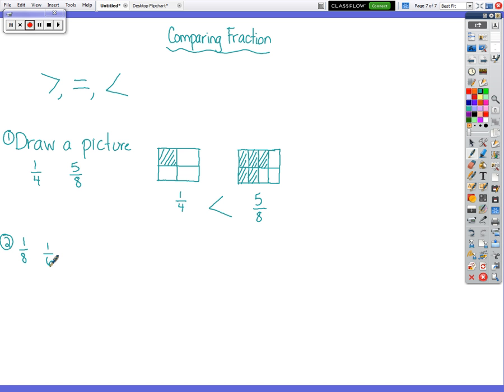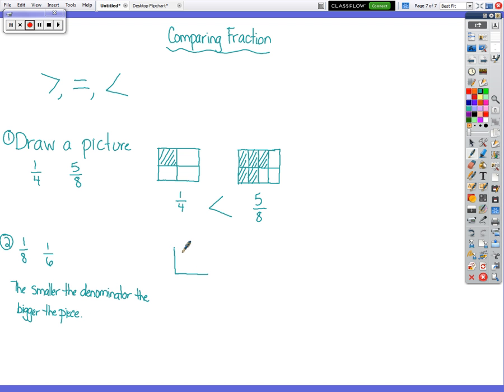The key to know is the smaller the denominator, the bigger the piece. So if I have 1/6 of something, it's going to be bigger than 1/8, which seems kind of confusing because 8 is a bigger number. You feel like it should get bigger.